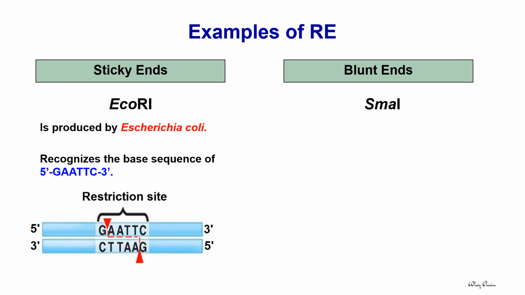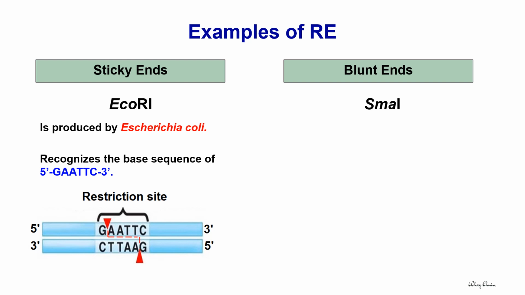So scientists will extract the enzyme EcoRI from the bacteria E. coli, Escherichia coli. And this RE, or this enzyme, is only able to recognize, from 5' to 3', GAATTC.